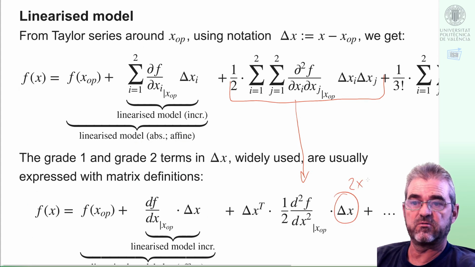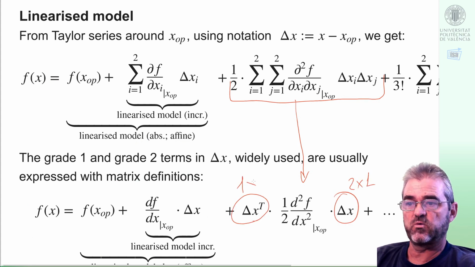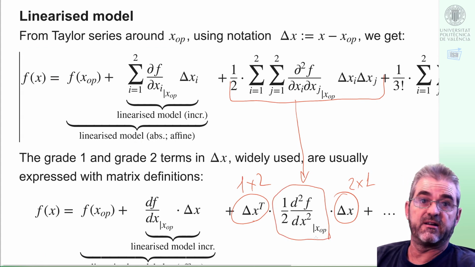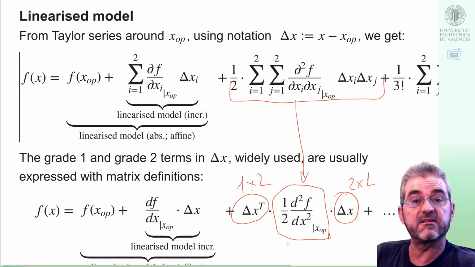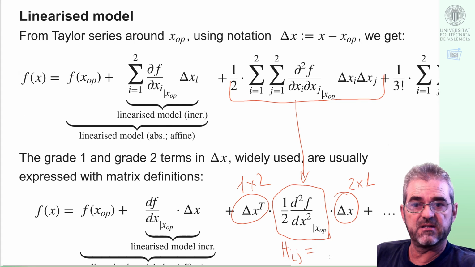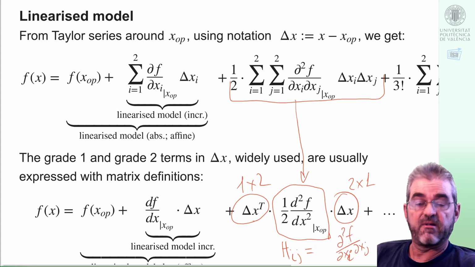This is 2 times 1, this is 1 times 2, and this is also an abuse of notation denoting a matrix called Hessian, whose element ij is the relevant second derivative.